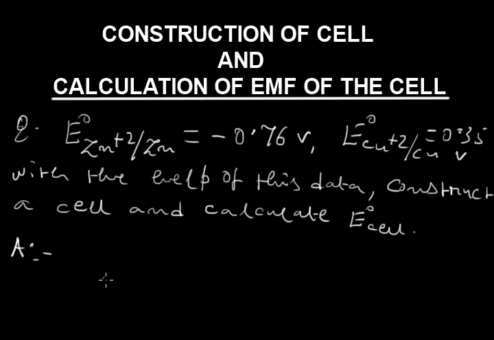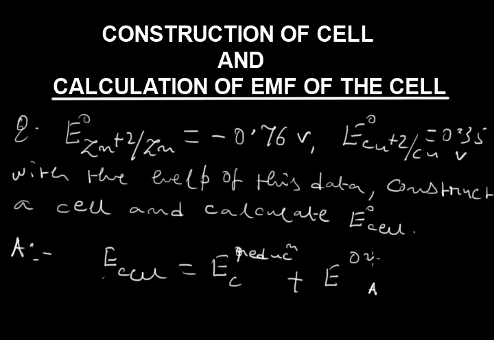Here in cathode reduction reaction takes place, so E cell equal to reduction potential of cathode plus oxidation potential of anode, because in anode oxidation reaction takes place and in cathode reduction reaction takes place.